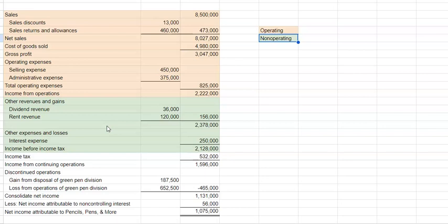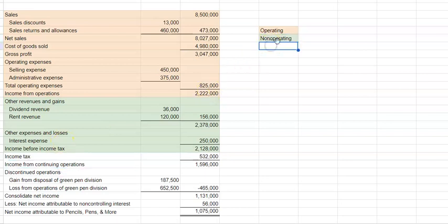That's going to be really important because if there's anything that is unusual or infrequent, it is going to go in our quote unquote others section, right? So you want to have a good, strong grasp of unusual and infrequent items.